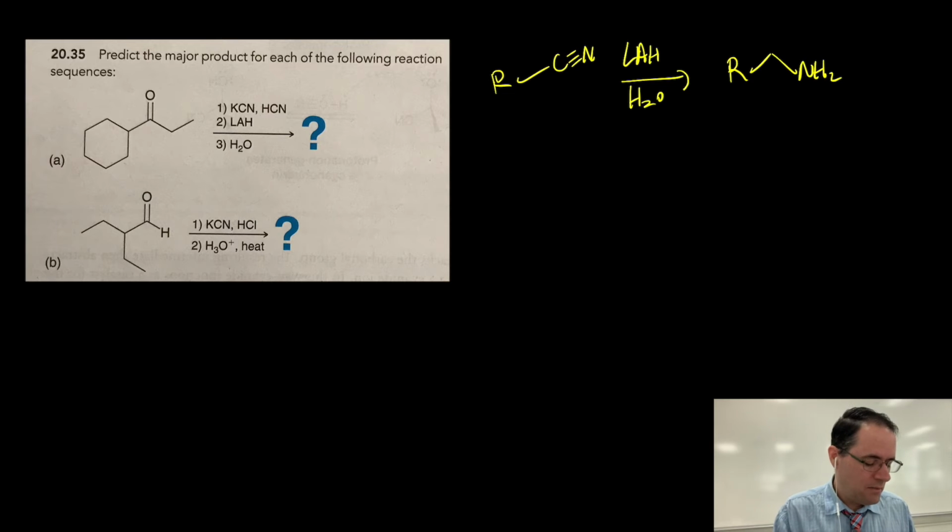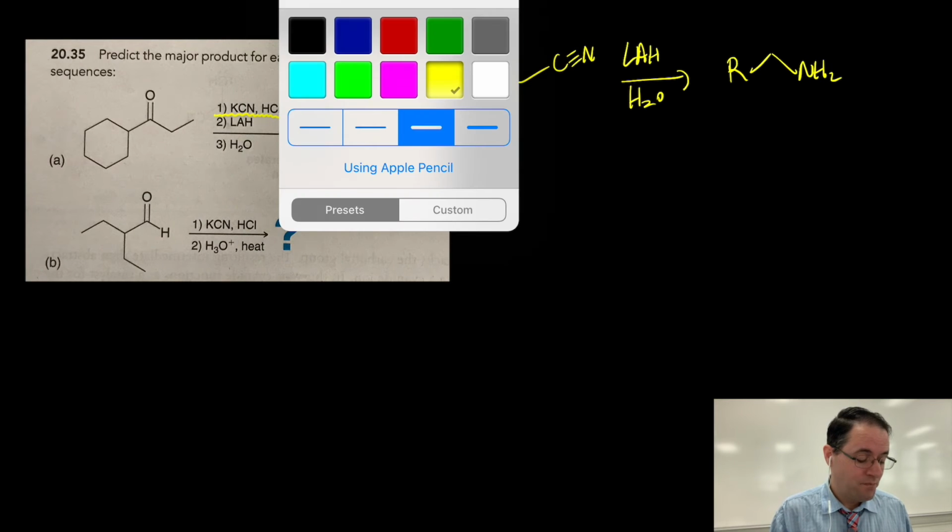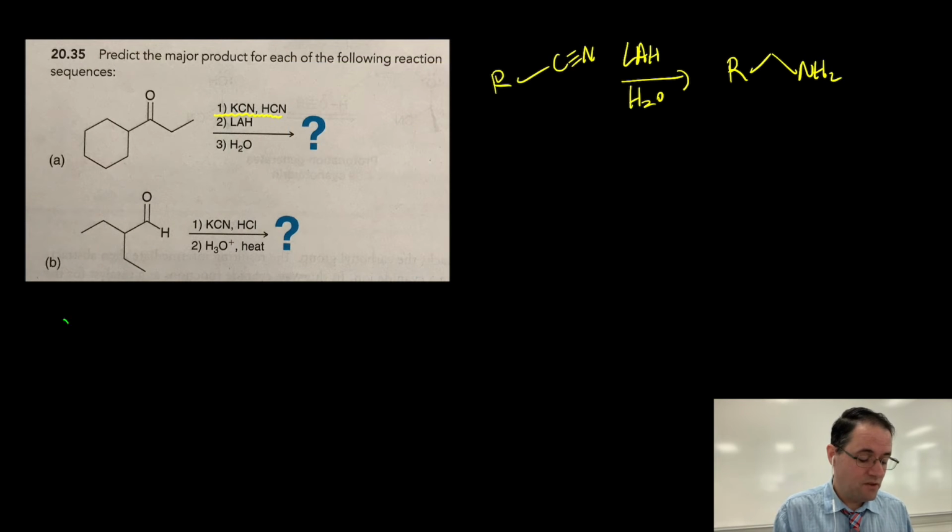So let's talk about problem A here. We've got this ketone, and in the first step, we're using potassium cyanide and HCN. So HCN is the acidic form of the cyanide, and that's the catalytic acid there. So that's going to make the cyanohydrin. So let's just sketch this out. First, we're going to form the cyanohydrin.